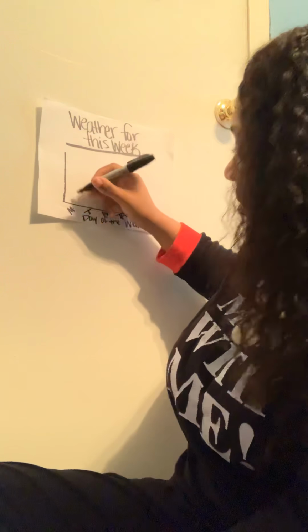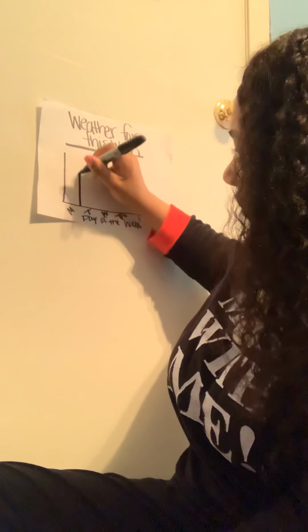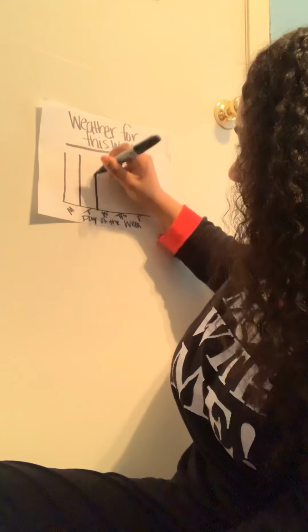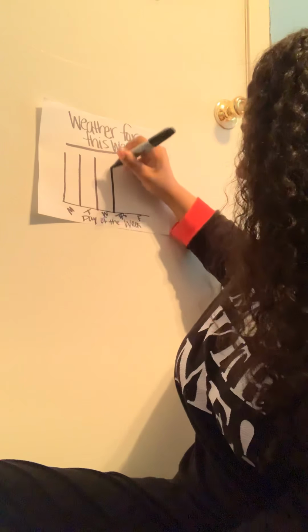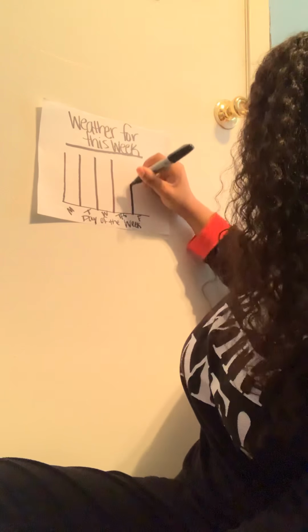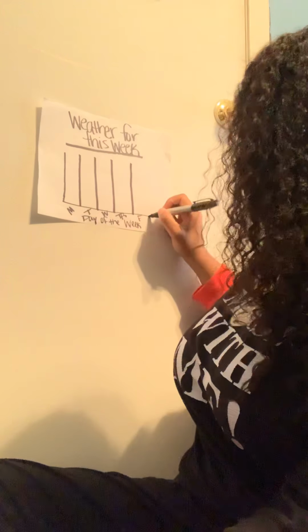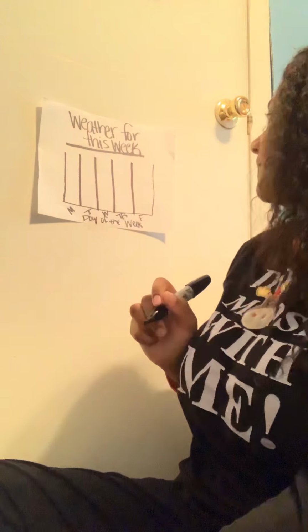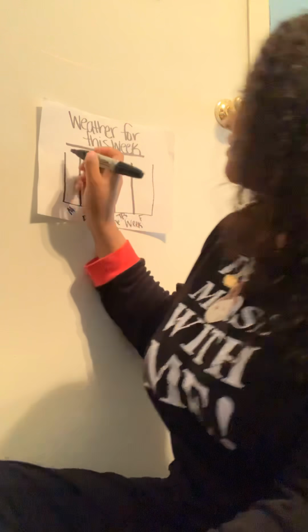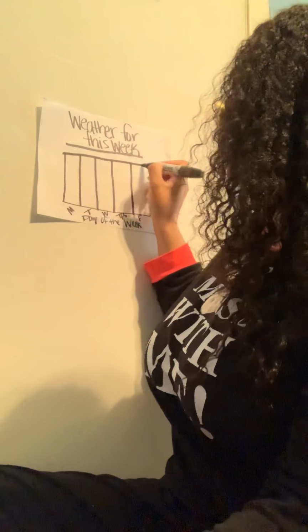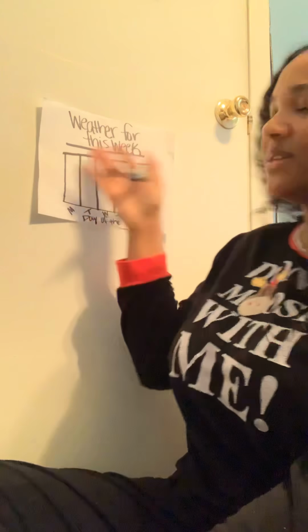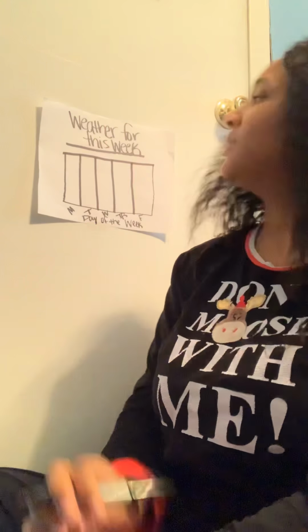I need to make sure that I separate my columns because I don't want to graph the days with each other. So I'm going to create columns. I'm going to go ahead and close this up. You don't always have to close it up, but for now, we're going to close it up.